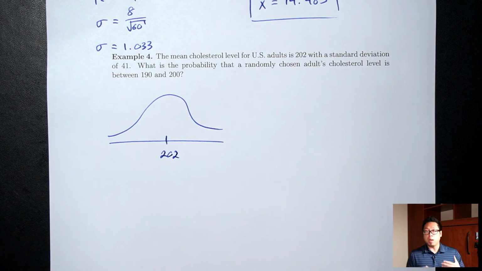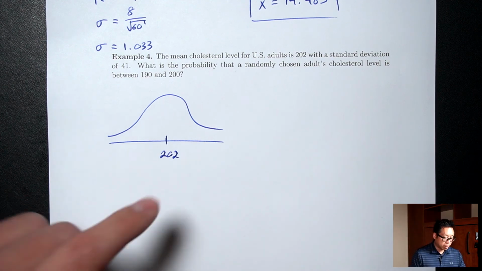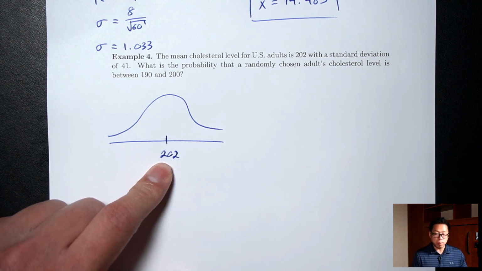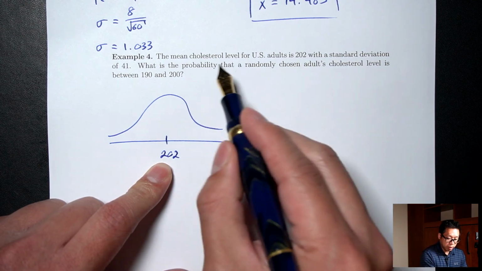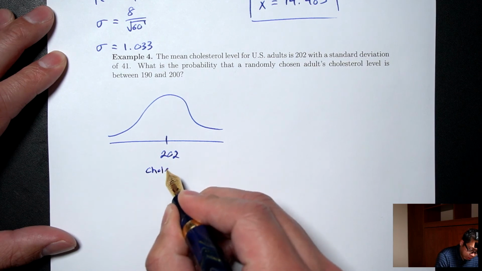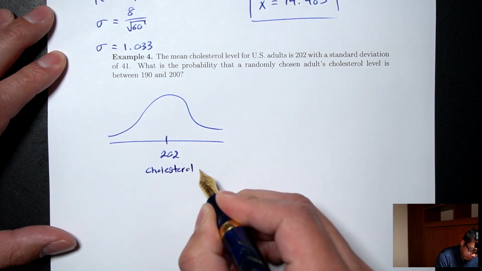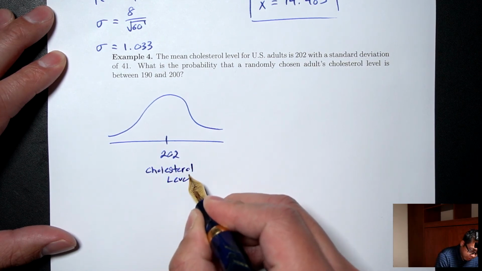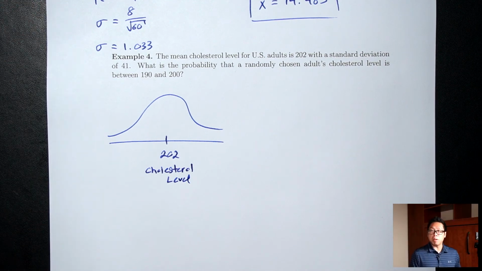And then label what the x-axis represents. This 202 is a cholesterol level. So now I know that anytime I'm talking about cholesterol levels, it's an X.